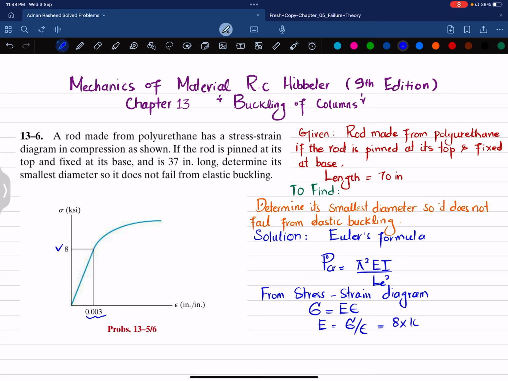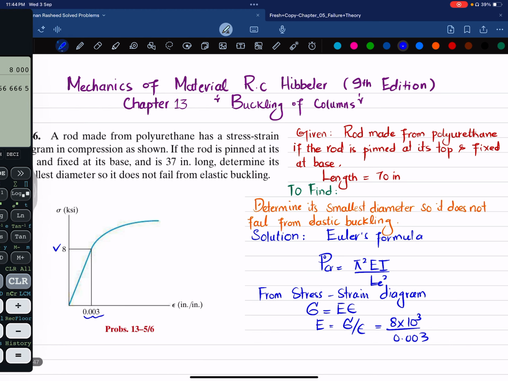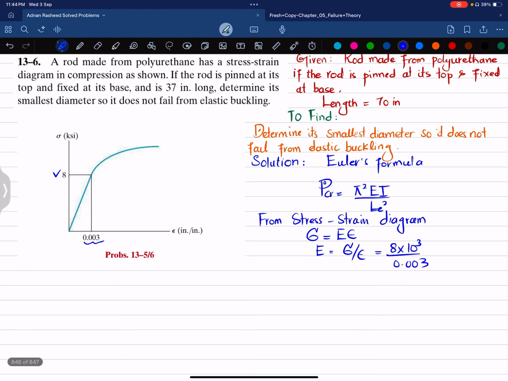So 8 into 10 raised to power 3 divided by 0.003, that is 2.667 into 10 raised to power 6 psi. So E is equal to 2.667 into 10 raised to power 6 psi.